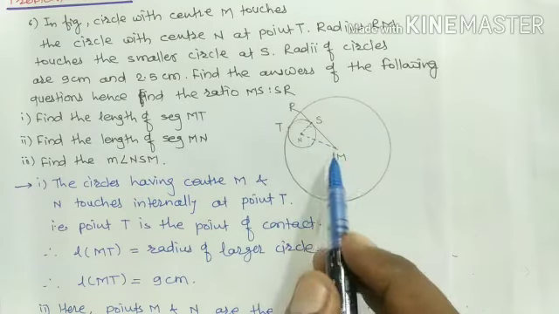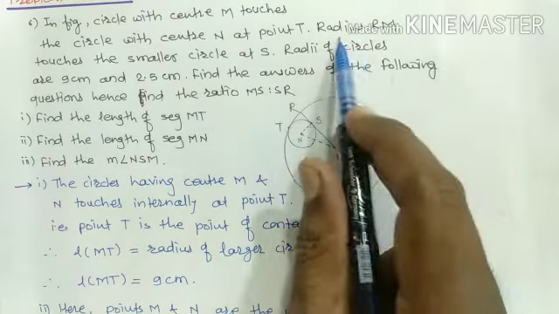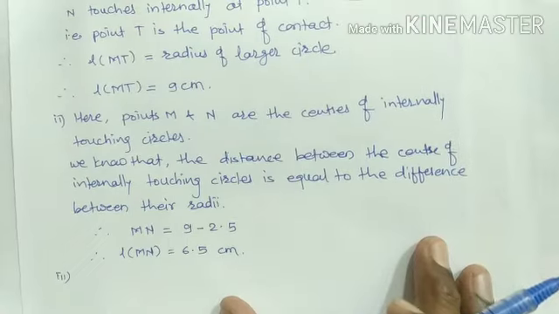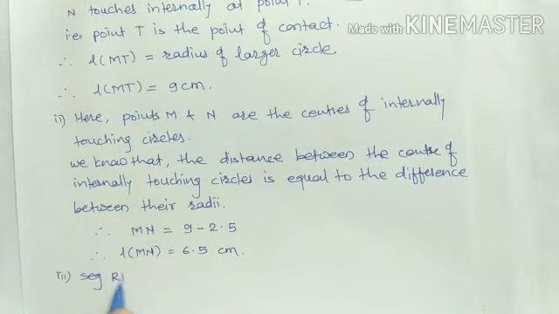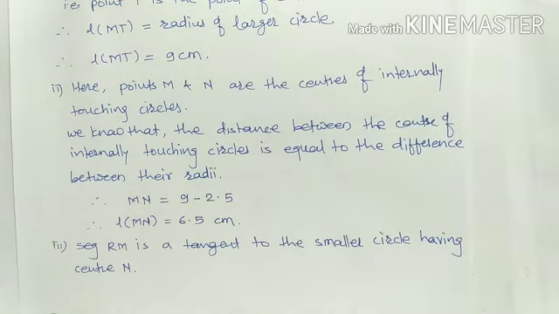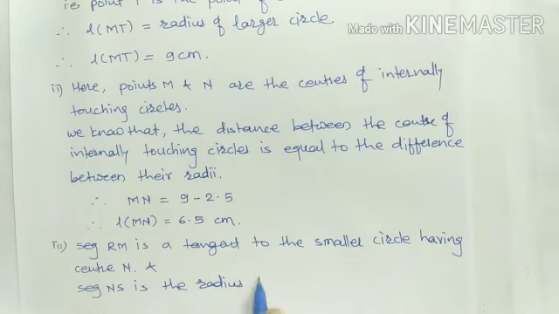Here RM is the tangent to the smaller circle, because it is given that radius RM touches the smaller circle at point S. So here we write: segment RM is a tangent to the smaller circle having center N, and segment NS is the radius through the point of contact.